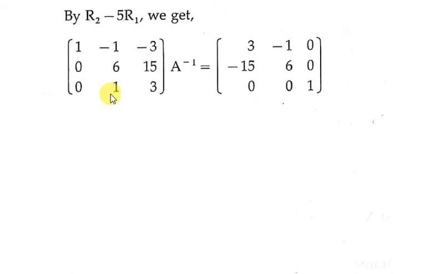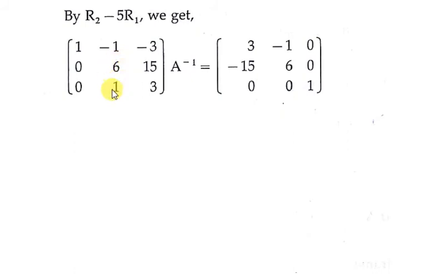Now we have to convert the second column to 0 1 0. For this conversion, the value 6 must become 1. To convert this 6 into 1, we will use the value 1 in R3. We have to subtract 5 from this 6, and then we will get plus 1.